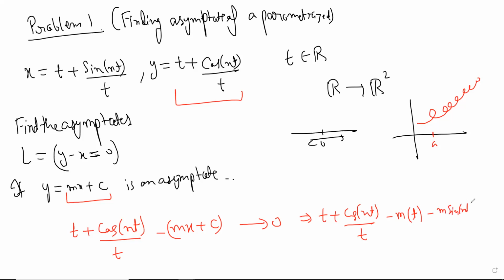So remember the n here is fixed, obviously, it's constant, and minus C, and this thing goes to 0. Right? And this is when t goes to infinity. So from just this equation, can we find both m and c? Yes, t goes to infinity is what I meant.